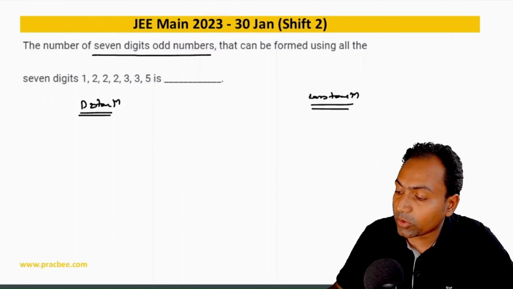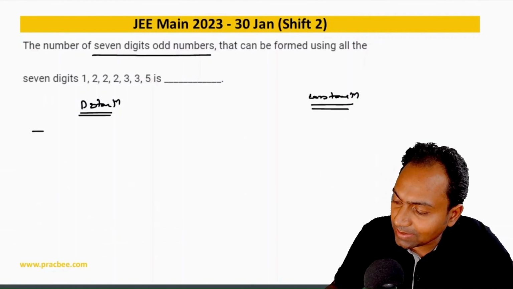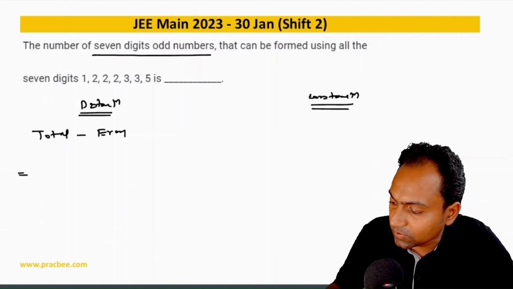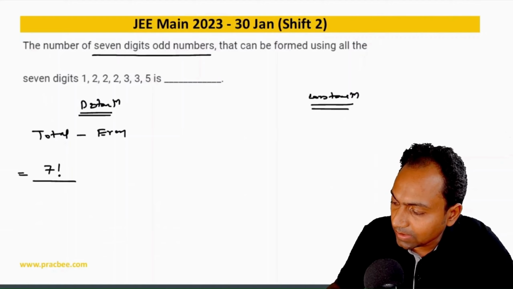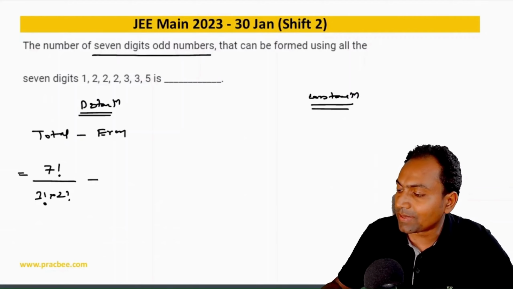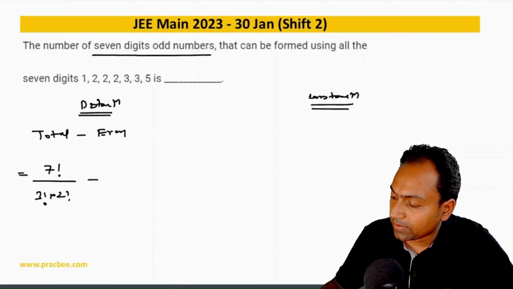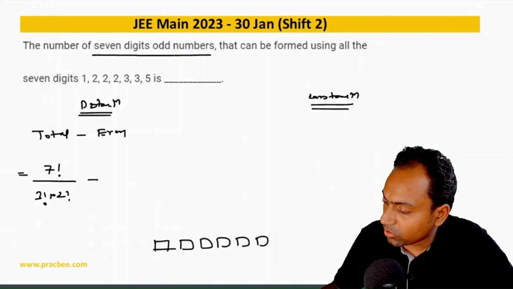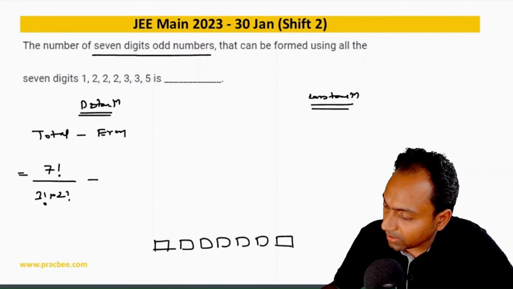So if I talk about the method of destruction, I can write the total cases and minus the even numbers from it. This is much simpler to do. So total cases would be nothing but 7 factorial. Since these 3 and these 2 are repeating, divided by 3 factorial into 2 factorial. Now when we are making an even number, if I am writing a 7-digit number, in my units place you can see a 2 needs to come.